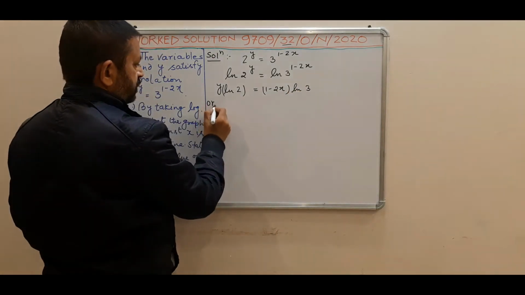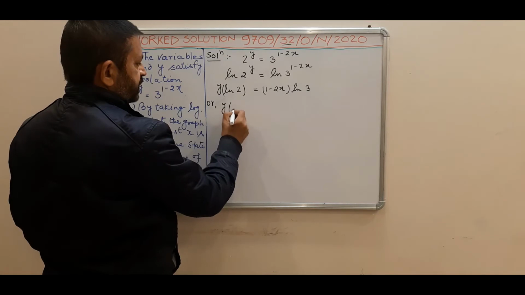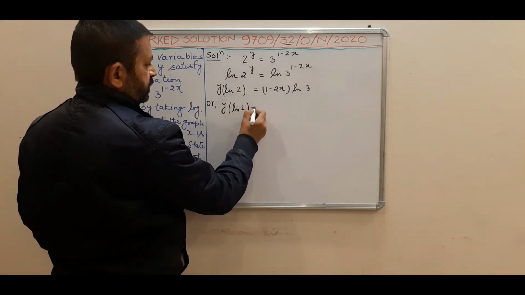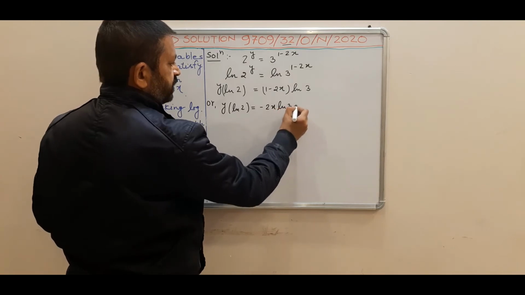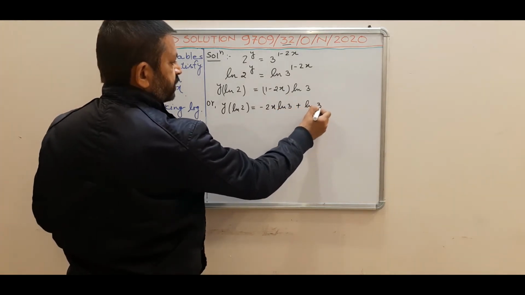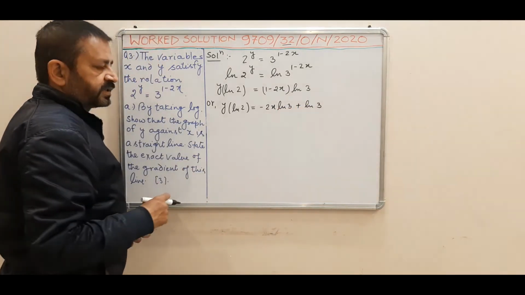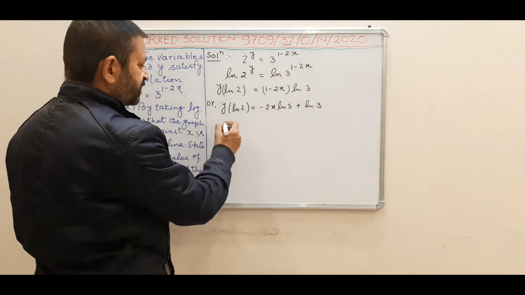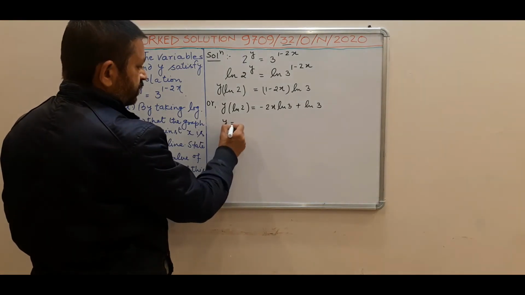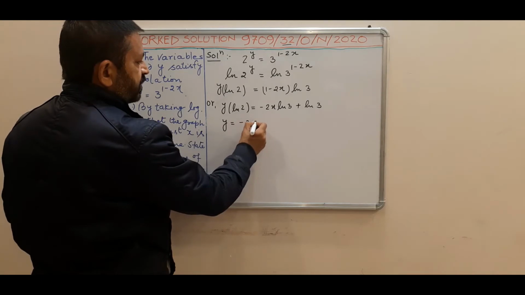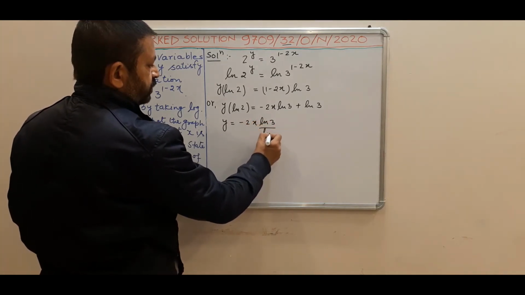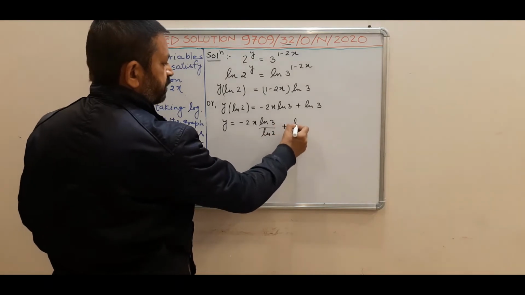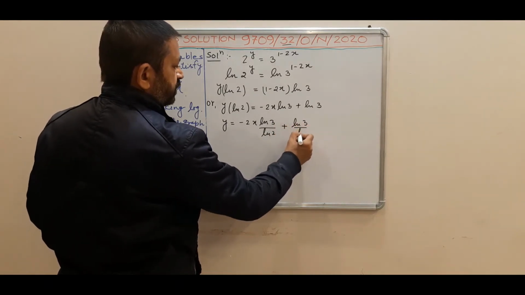Or we can write it as y ln 2 = -2x ln 3 + ln 3. So now we'll give it the standard form, that is y = mx + c. So divided by ln 2, it will become ln 3 upon ln 2.